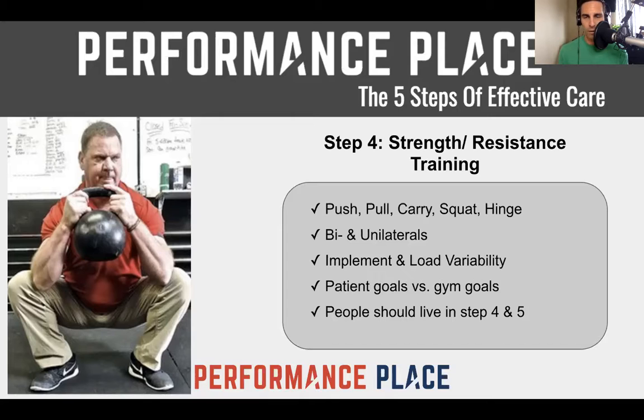A push, pull, carry, squat, and hinge are the major movements, but I suggest breaking them into bilateral and unilaterals. Usually I will program this based upon, again, the working diagnosis first, and figure out what I need to bias the movement and the effort towards to get the results that I need. An example of this is if I had someone with groin pain from a true labral tear, I'm not going to be able to get them to squat really that deep.